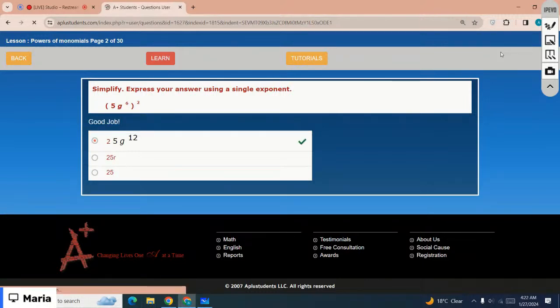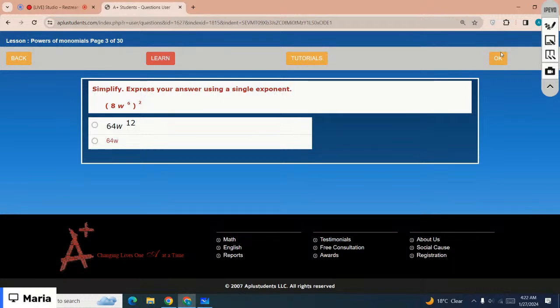The next one is simplify 8w6 exponent 2, which is the correct option? 2 is the exponent of everything that is inside the bracket.